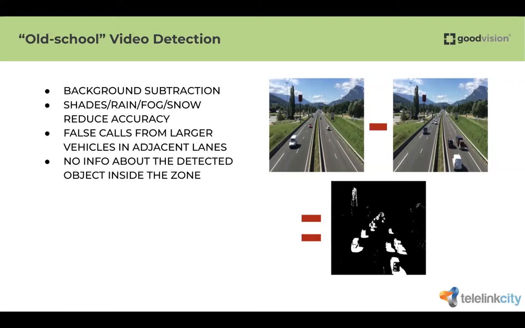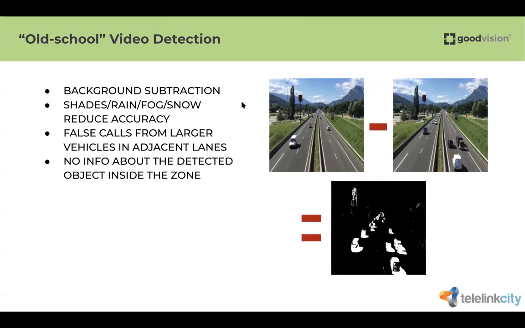This system works, but it has some major disadvantages that we saw with the years that we used these detections. We have some shades, rain, fog, or snow that reduce the accuracy. You can imagine that if there is rain, the background is not always really clear, and it is difficult for the algorithm to subtract the vehicles and the objects that we are interested in.